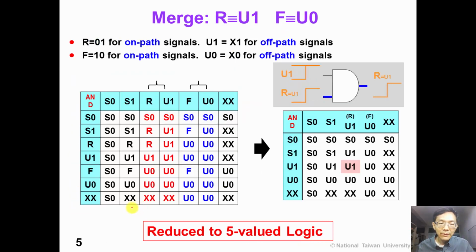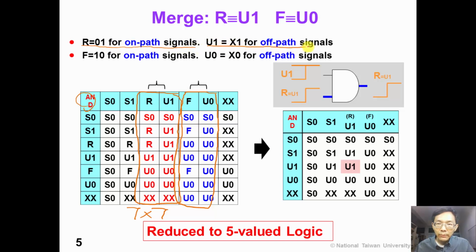Now, using the 7-value logic, we have a 7 by 7 truth table for a 2-input AND gate. If we look at this table closely, we can see that actually these 2 columns can be merged together, and F and U0 columns can also be merged together. R represents a 0-1 transition for on-path signal.